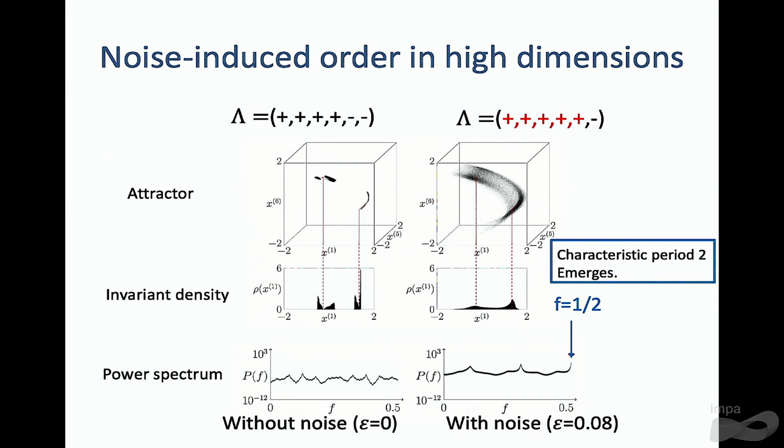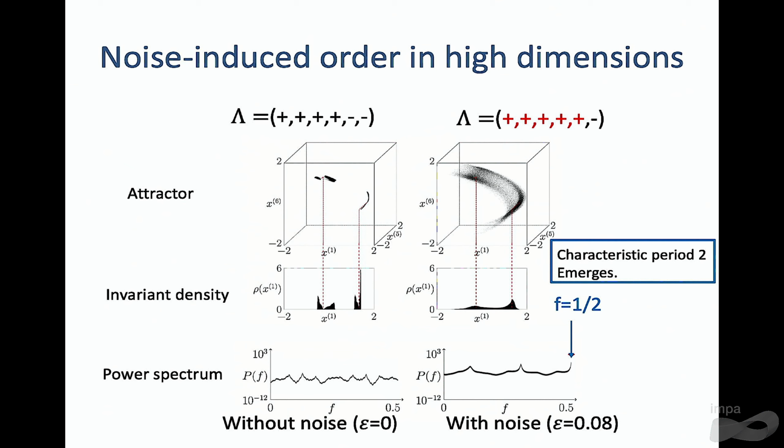This is strange because, okay, we also measure the power spectrum of the time series. We observe that frequency 1/2 is the maximum, meaning period 2. So we have this characteristic period 2 observed.